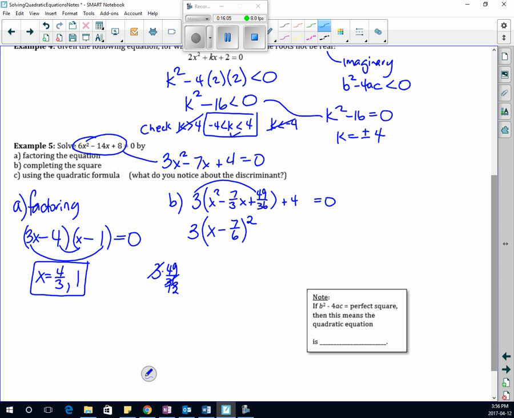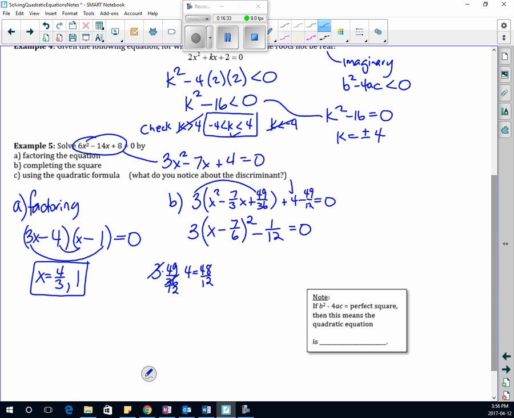So that means I need to subtract 49 over 12. Now the problem is this 4 is not over a denominator of 12. That can be easily changed: 4 is equal to 48 over 12, because 48 divided by 12 is 4. So what's 48 over 12 minus 49 over 12? That would be negative 1 over 12 equals 0.